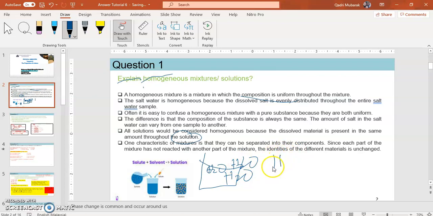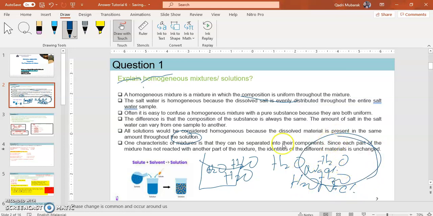When we have two or more components in our system, for example here we have NaCl. Here the characteristic is that we can separate it into the components. So for example, here we have solute and solvent, and then we have solution. So this is what we call a homogeneous mixture.